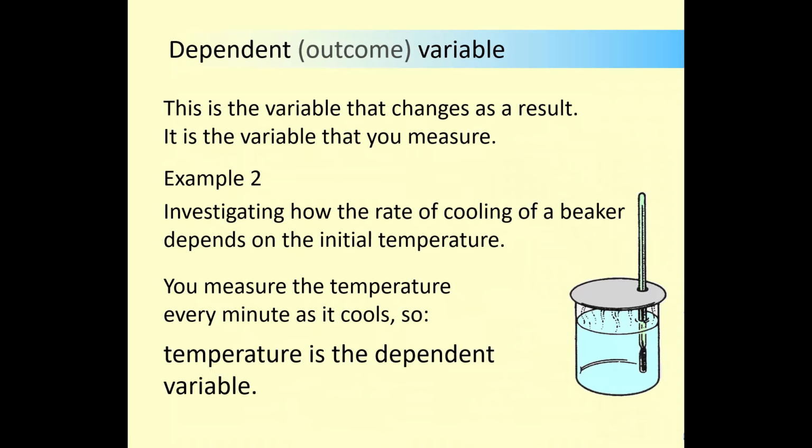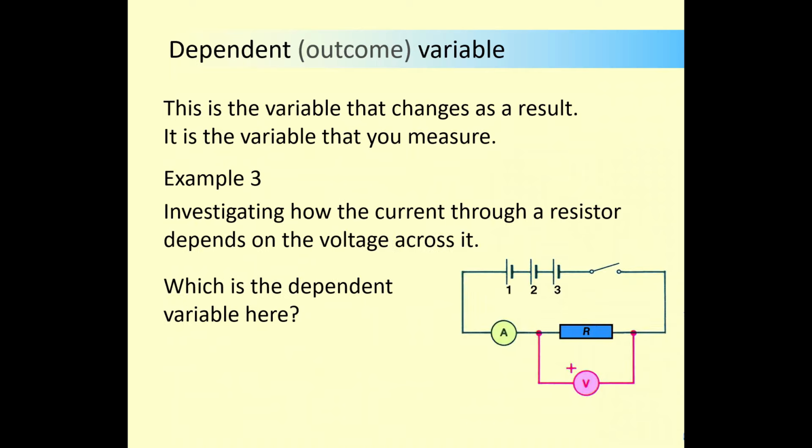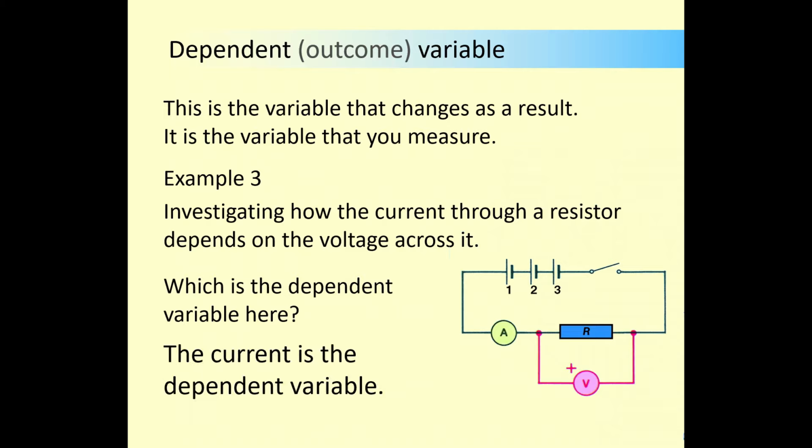Temperature of the water which is stored. Initial temperature was independent. Third example. So you are increasing the voltage and you are measuring the current. So current depends on the voltage you are changing. So what's dependent variable? The current is the dependent variable.